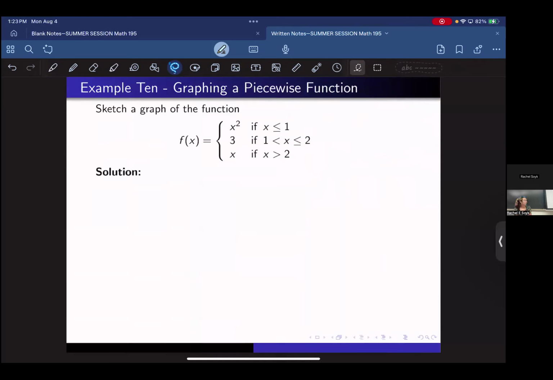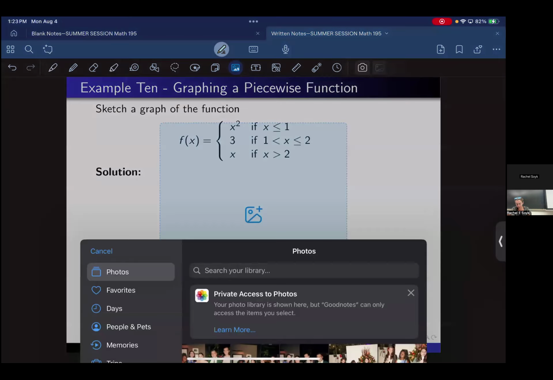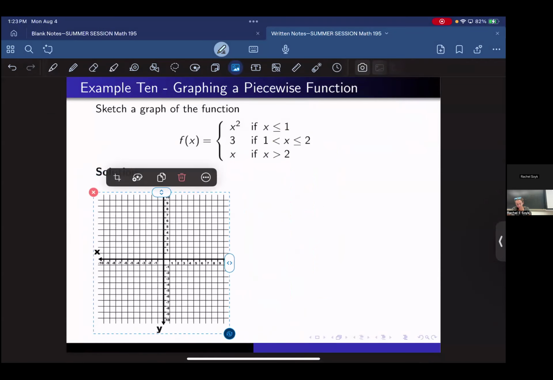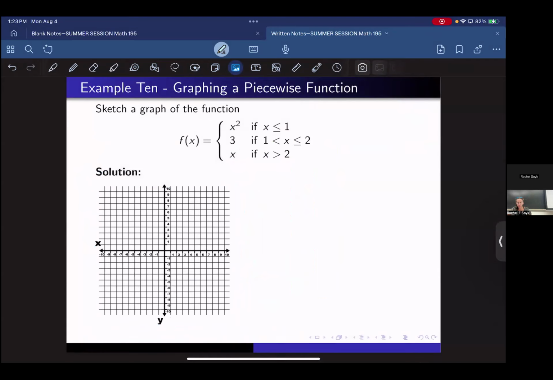Let's take a look at another example, but now we're dealing with 3 different types of functions. We can be a little more efficient and quicker with this now. So x squared, you know that looks like a parabola. What does your table look like? We're including that 1, so we're going to put in 1 here.